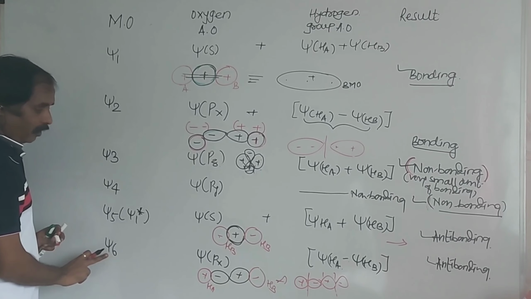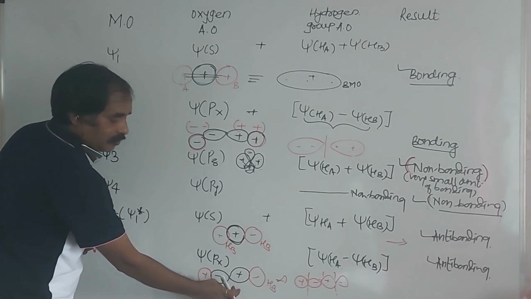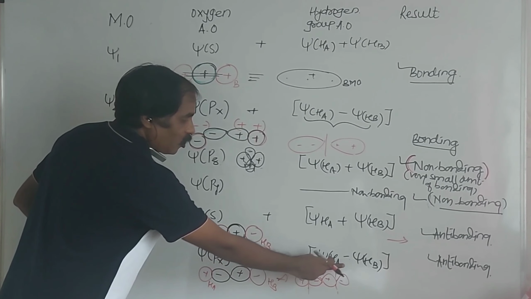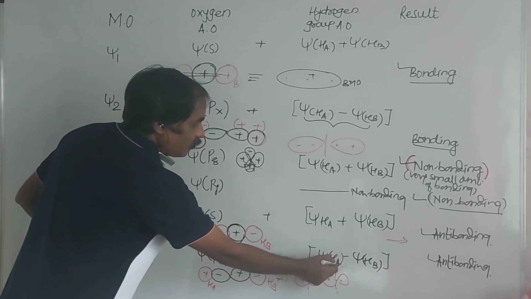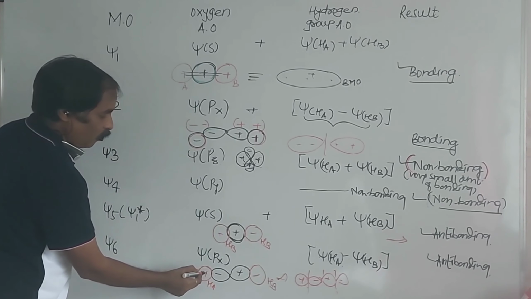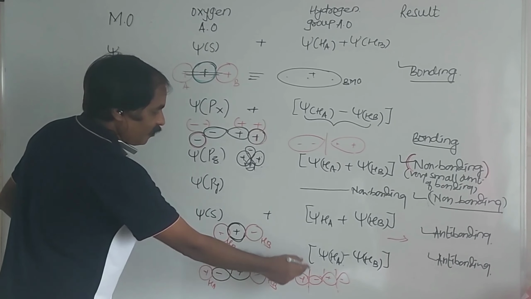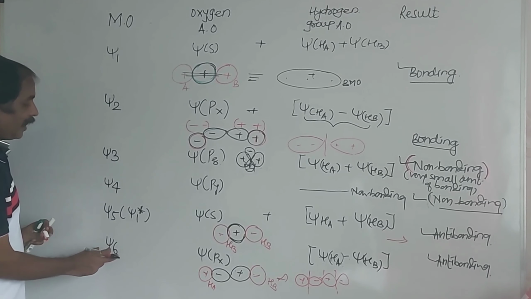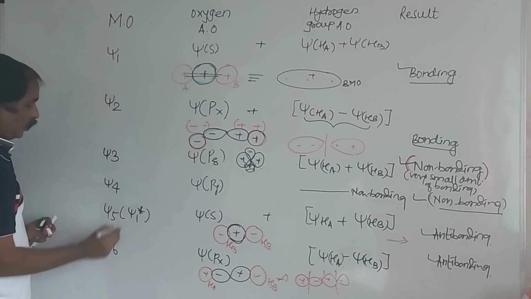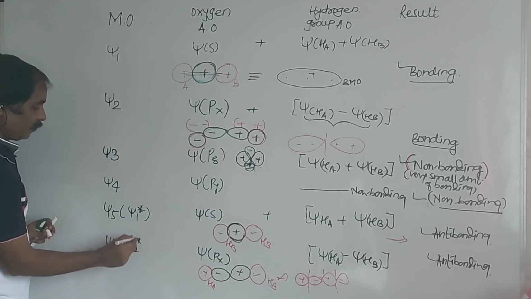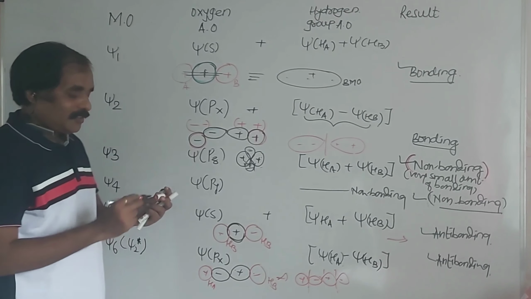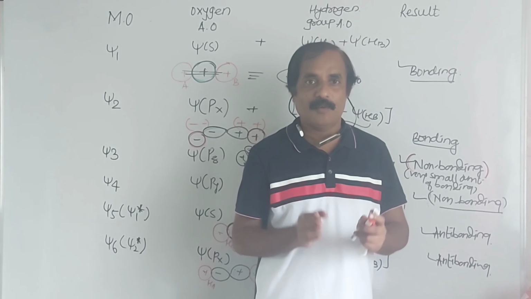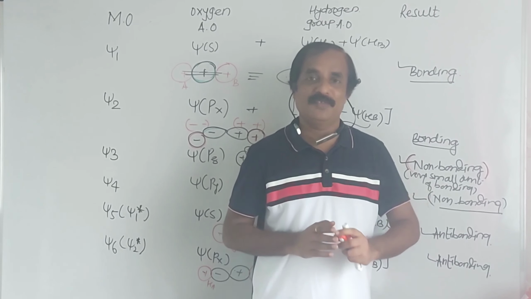The sixth molecular orbital, here I have taken px, negative, positive here, because here the group atomic orbitals of hydrogen have different signs, positive, negative. So here negative, positive, negative, there is a repulsion and a formation of an anti-bonding molecular orbital. So this will be the anti-bonding of psi 2, and here we can write psi 2 star. So all these are the possible combinations of atomic orbitals from oxygen and hydrogen atoms.